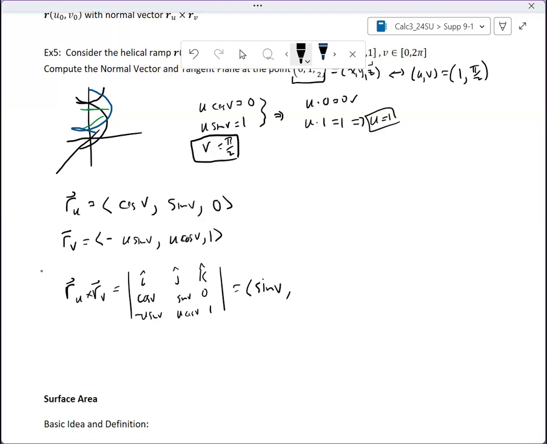I get j times 0 times negative u sine v. So that's 0 for the first bit of j, and then minus j times cos v times 1. So minus cos v in my second component. And then I get k times cos v times u cos v. So k times u cos squared v minus k times minus u sine squared v. Well, that's k times u times cos squared v plus sine squared v, or that should just be u in my third component.